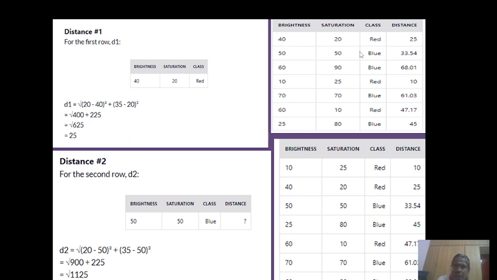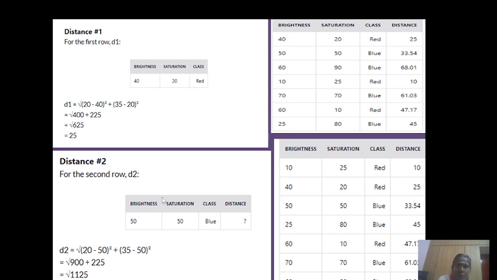Then take the second row values and find d2 applying the same distance formula, and you get 33.54. Like this, find the distances for at least 5 rows, or for all the rows you have. Since we selected k equal to 5, selecting 5 is enough for us.